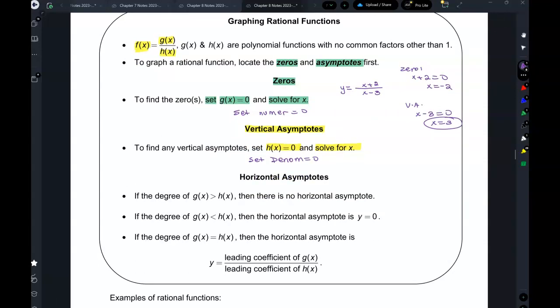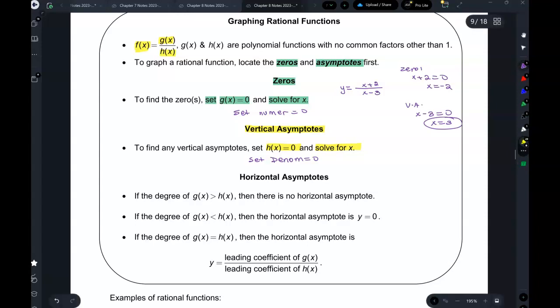Okay, the horizontal asymptote is a different story. For the horizontal asymptote, you have to compare terms from the numerator and the denominator. But which terms do you compare? You have to only choose the terms with the highest degree or the highest exponent, right?